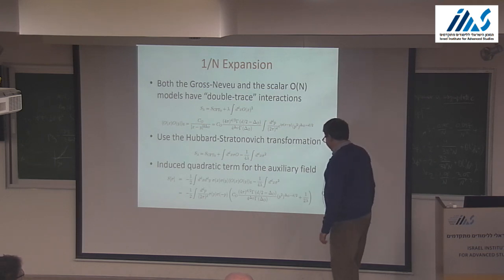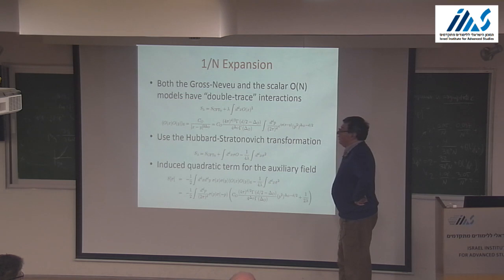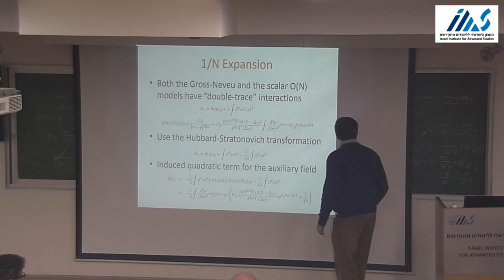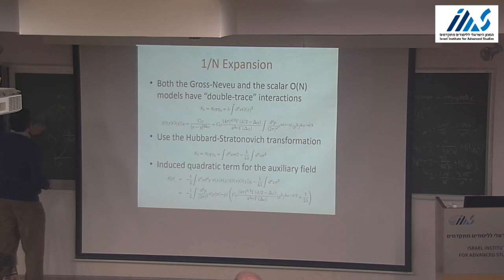Let's think about the d equal 3 case. If you take the operator O, which is equal to psi bar i psi i, then delta O in d equals 3 is equal to just 2.